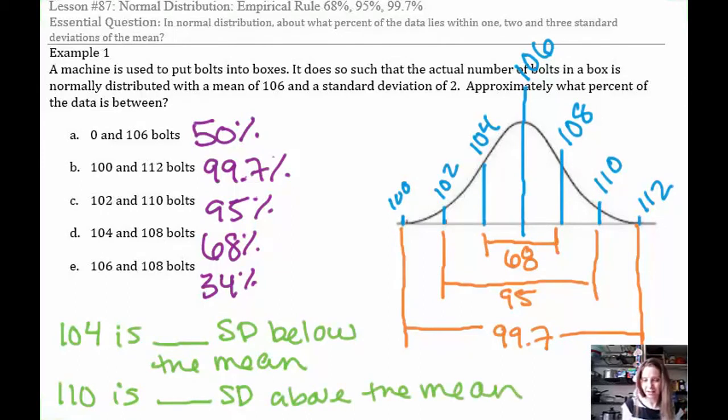So this is vocabulary you're going to see on our worksheets. I want you to be comfortable with it. So 104 is 1 standard deviation below the mean. And 110 is 2 standard deviations above the mean.